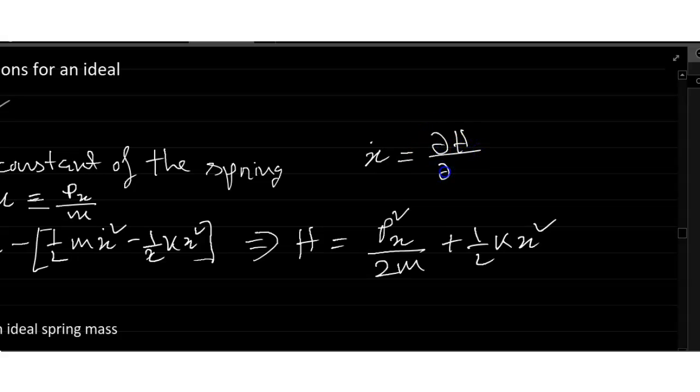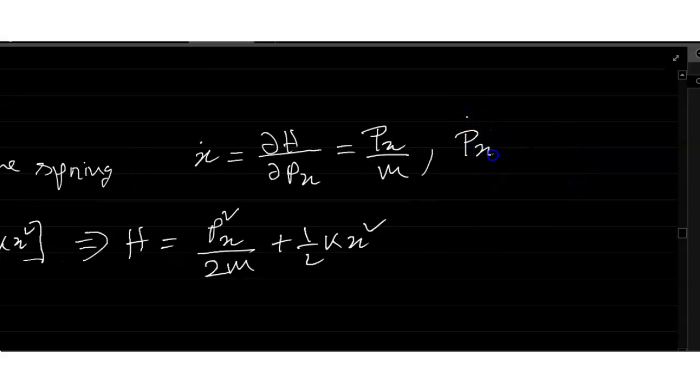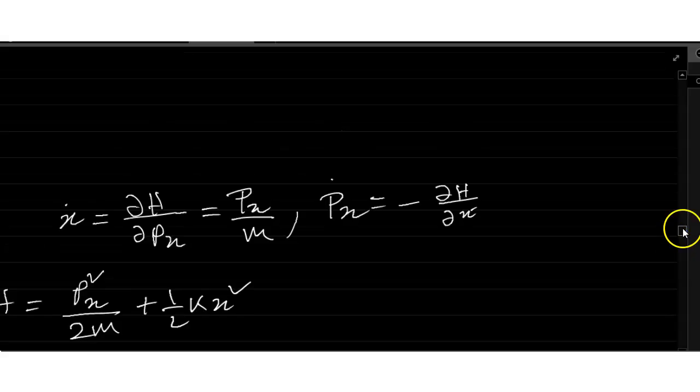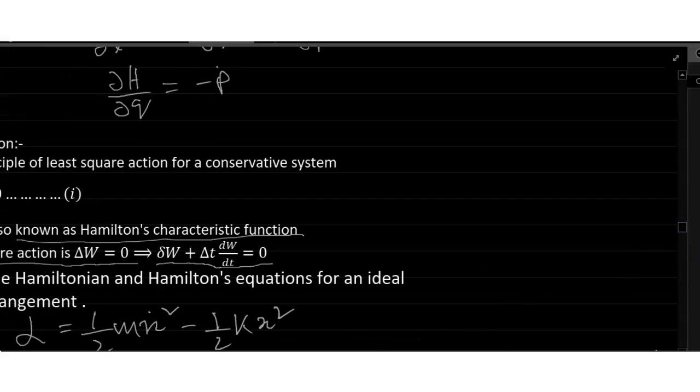X dot equals del h divided by del px, that is px divided by m, and p dot x equals minus del h by del x.